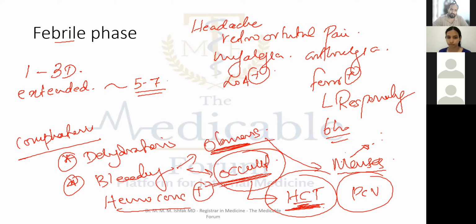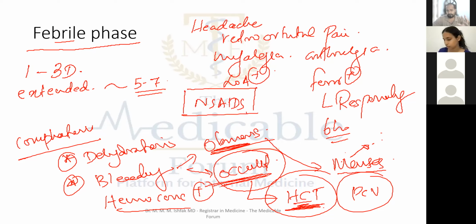So how do you manage the febrile phase? What do you have to avoid in the febrile phase? The most important thing is to avoid NSAIDs. Avoid NSAIDs, because most of the time for body aches, for muscle aches, they have a tendency to take diclofenac sodium, ibuprofen, ketoprofen.